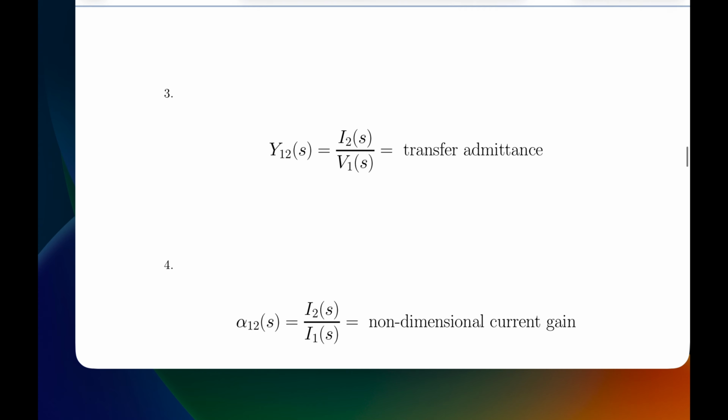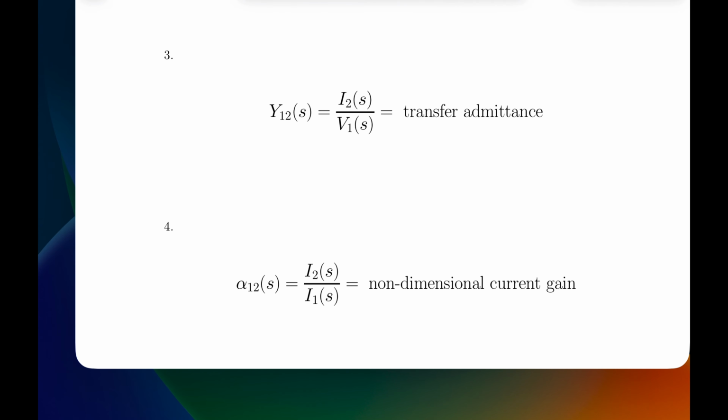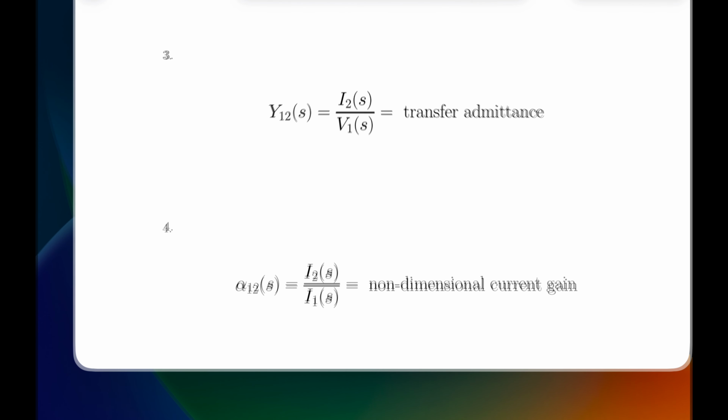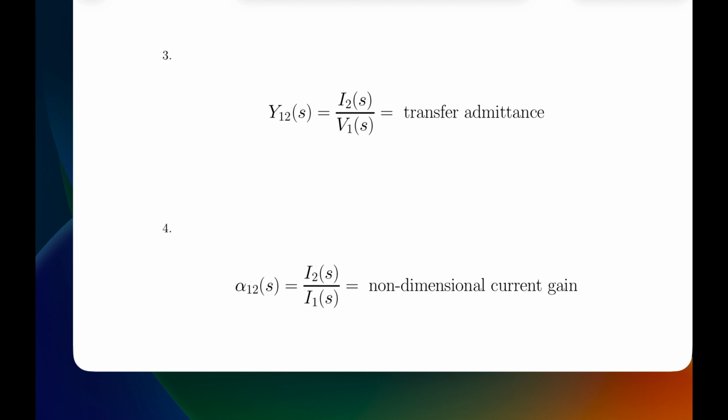Now, the third one is the ratio of output current to input voltage. So in the numerator we have current and in the denominator we have voltage. So this is the ratio of current upon voltage.